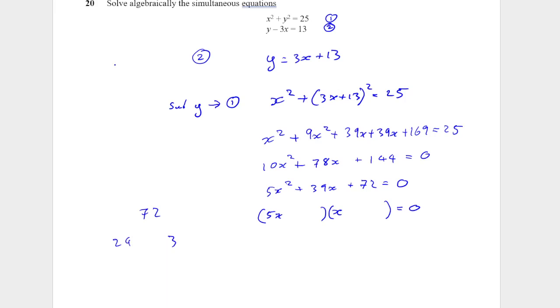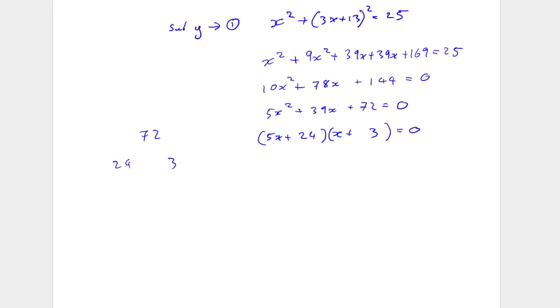So the 3's go in there and the 24's go in there. So that gives me two values for x. So to make this first bracket 0, x would need to be equal to minus 24 over 5. And to make the second bracket 0, x would need to be equal to minus 3.